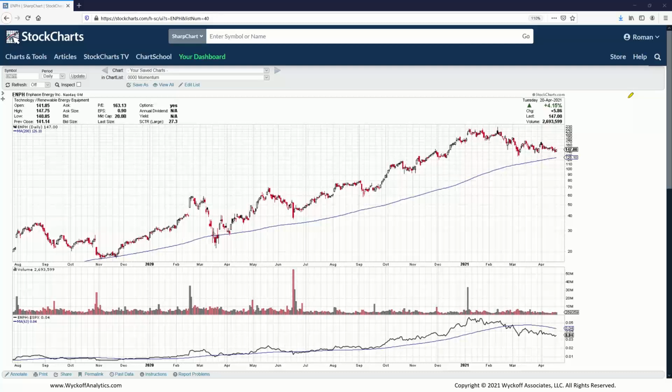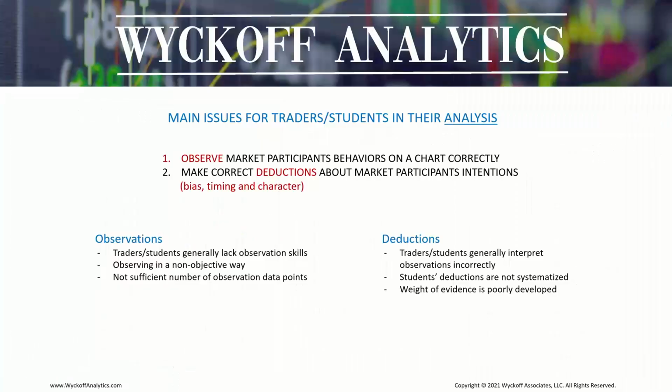Then you have at the bottom the relative strength, relative to the specific market proxy with the moving average. And then you could go into much more complex observations of specific points to specific points. So there are quite a few observations that we need to make.